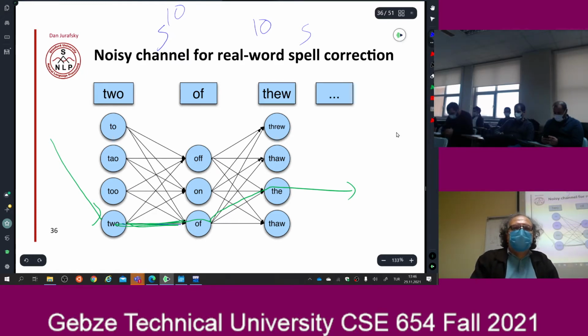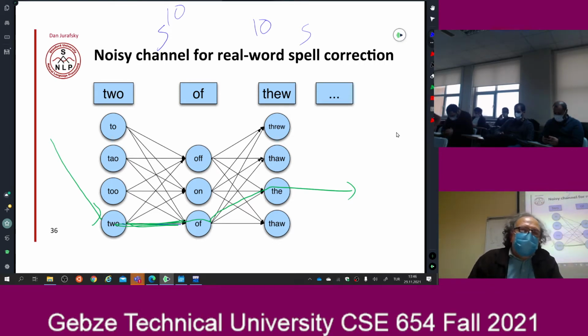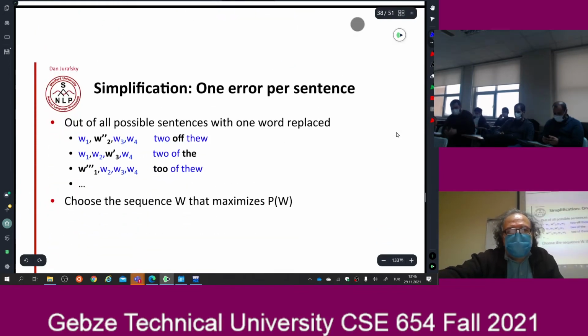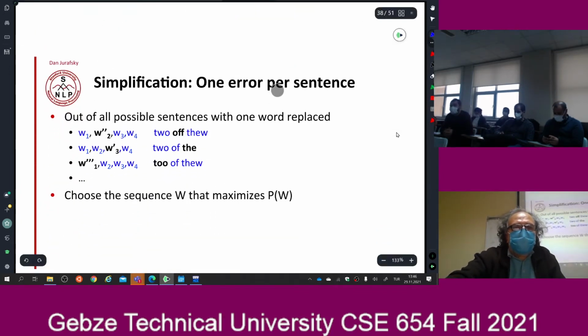Good. So checking this many paths is not possible. That would be too much waste of time whenever you write something. What would be a better way of coming up with an approximation? We said that maybe 1 error per sentence.